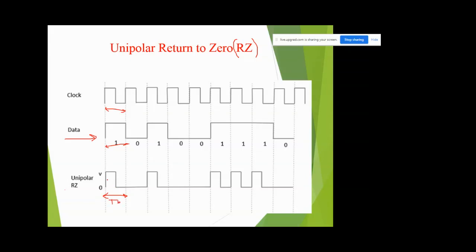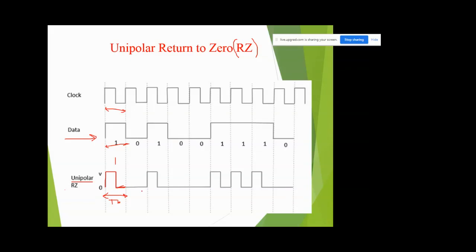For bit 1 we have unipolar, meaning single polarity, that is positive voltage V. But half of the bit 1 duration will return to zero. This is called return to zero. Half of the bit 1 part represents the voltage level, and after that the other half returns to zero.